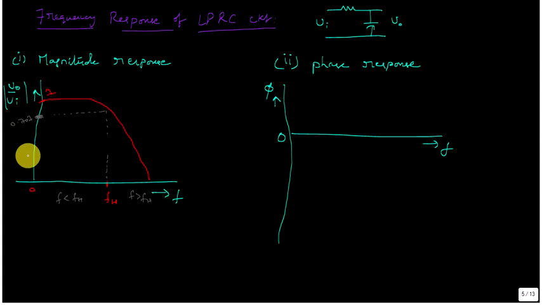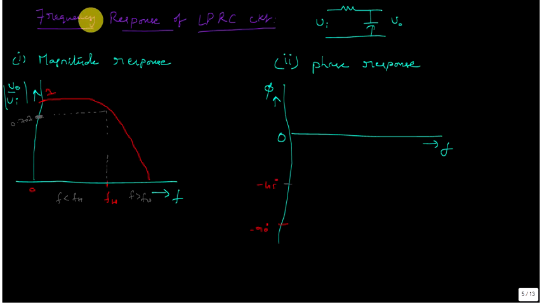This is the magnitude response. If you observe the phase response, for a DC signal it is 0 degrees phase shift, and the phase shift introduced at f equal to FH is minus 45 degrees, and at f equal to infinity, minus 90 degrees.